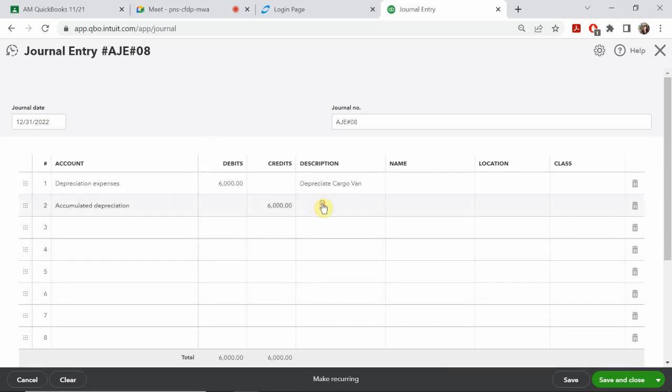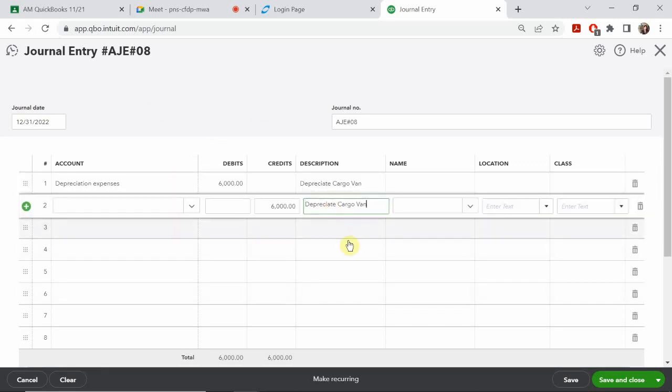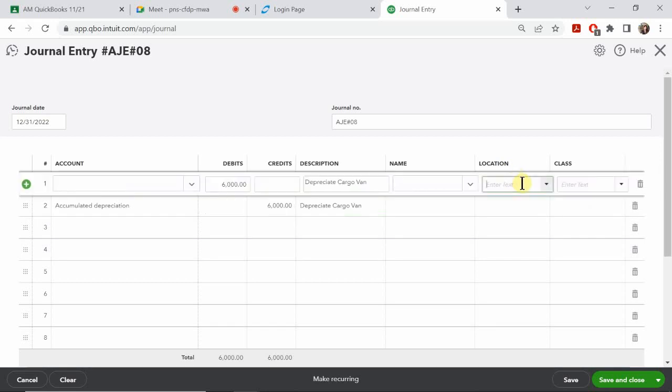It's not necessary because you want to try not to have as many accounts, since you're only limited to 250 accounts. So you do want to be careful with that. Location, once again, we said it was for both of the stores.